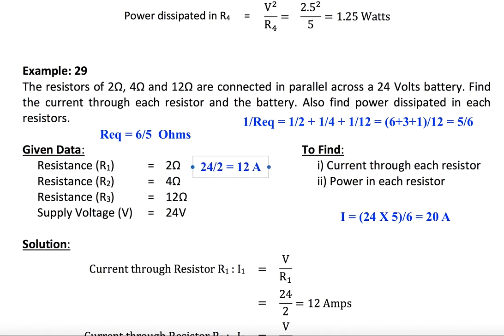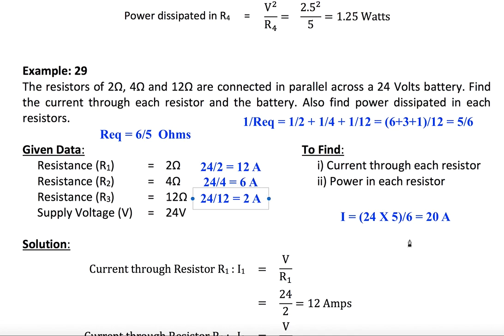Okay, what about 4 ohms? 24 by 4, 6 ampere. Okay, next one, 24 by 12, 2 ampere. So if you add them up also, you will get 20 ampere. Anyway, you will get 20 ampere only.